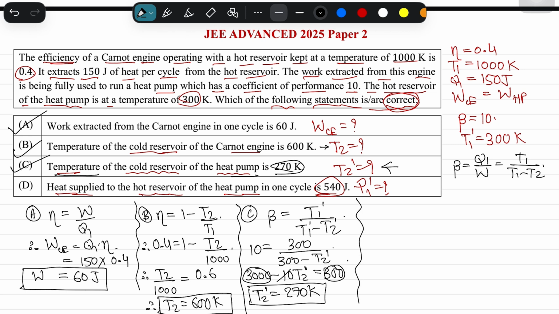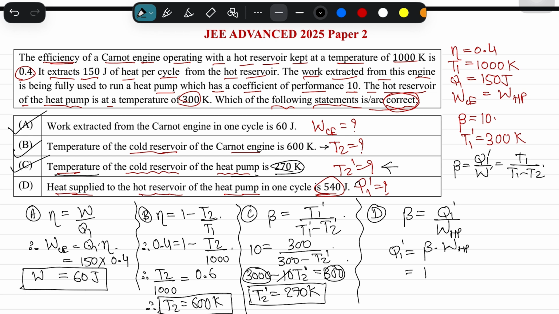Now checking the last one. The last one asks to find the Q1 dash value. So again, here we have Q1 dash and W dash. Beta is equal to Q1 dash divided by W dash, that is work for the heat pump. So Q1 dash is equal to beta into W for the heat pump.